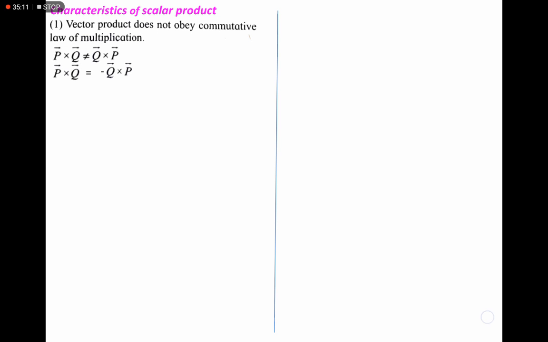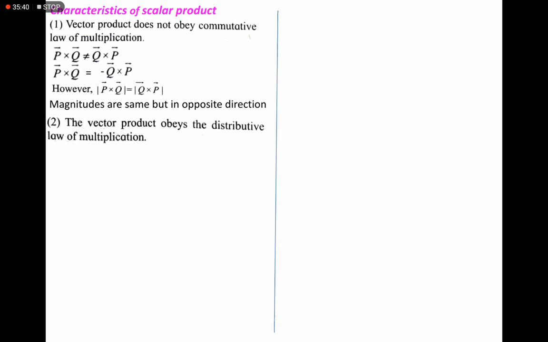If we consider the magnitude, they must be equal to each other, but the direction of the cross product changes if we change the place. It means the law of commutativity is not obeyed over here. Simple way: magnitude is equal, but the direction is opposite.